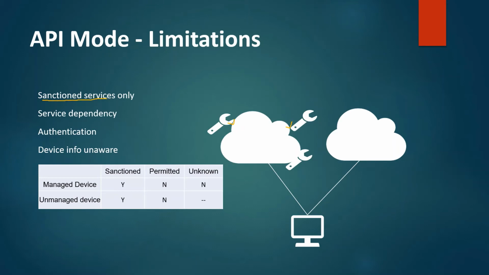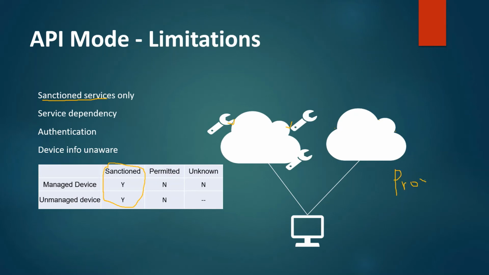For the unsanctioned services and maybe even unapproved services, you don't know the service exists, and for sure you will not be able to apply any CASB control over the API here. So that means only sanctioned services could be covered by the API mode, and the unsanctioned services, the other services, are just running at large and will be covered by proxy mode, which we will touch on later.